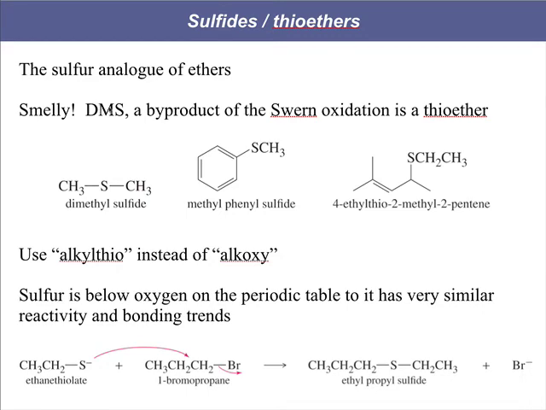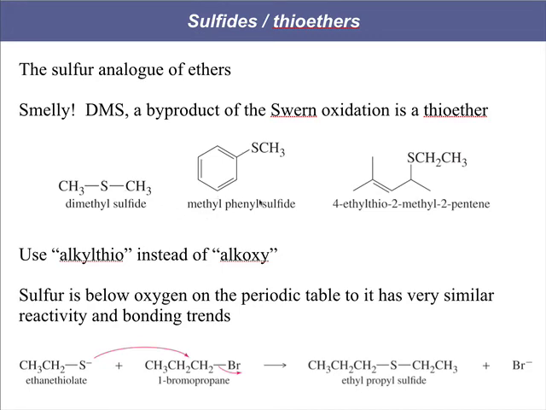DMS, which is a byproduct of the Swern oxidation, is a thioether, dimethyl sulfide. This is also the reducing agent that we use in the second half of ozonolysis, DMS. But remember, we said that the interesting aspect of the Swern oxidation is that your product is dimethyl sulfide. You can smell when your oxidation is done.